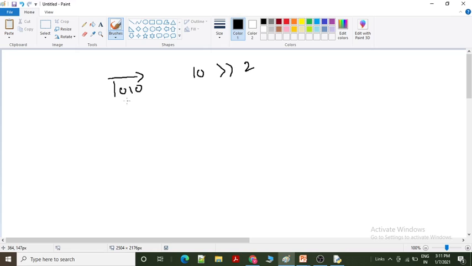So here if it moves to the right side, again a new bit will be added here. So a new bit will be introduced here, and the old bit shifts towards the right, so it will be removed from the list.